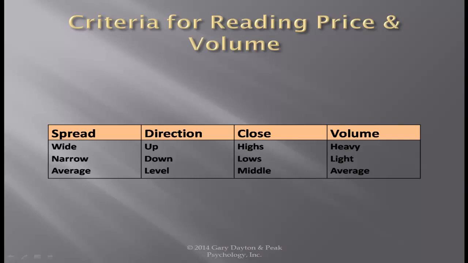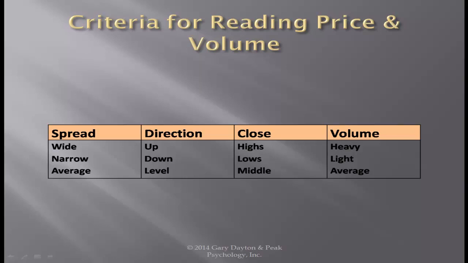We're looking at the direction, whether it's up, down, or basically level from the last close. When we are looking at direction, we're comparing the close of the current bar with the close of the last bar. A close on the current bar that's above the last bar is an up bar.